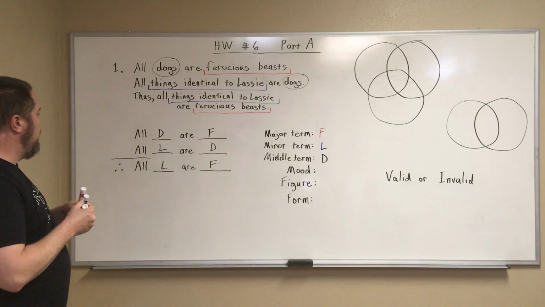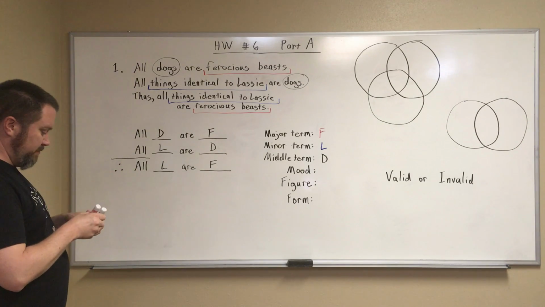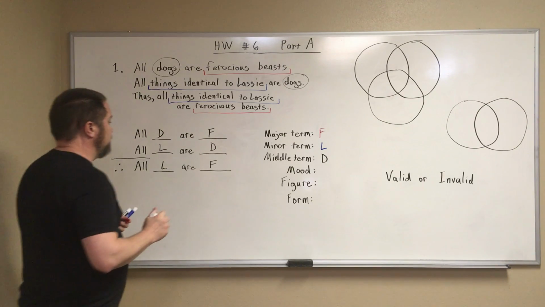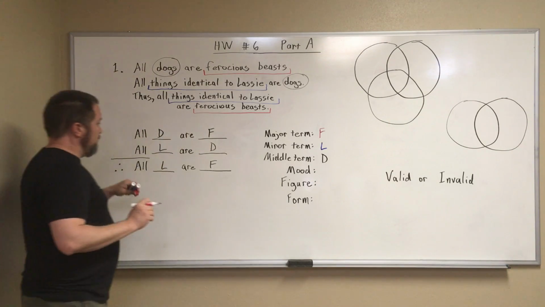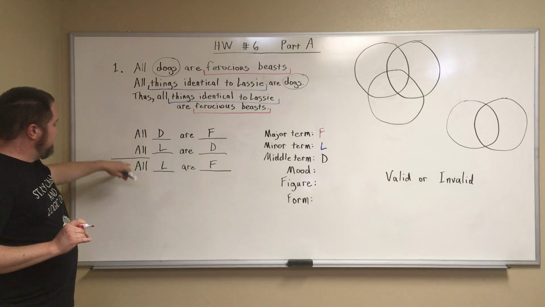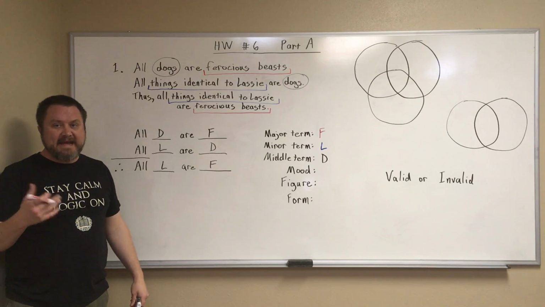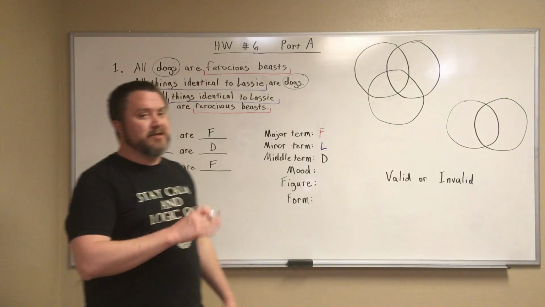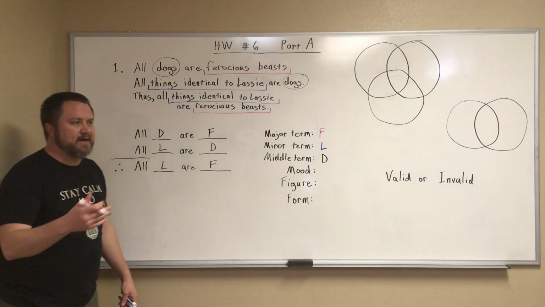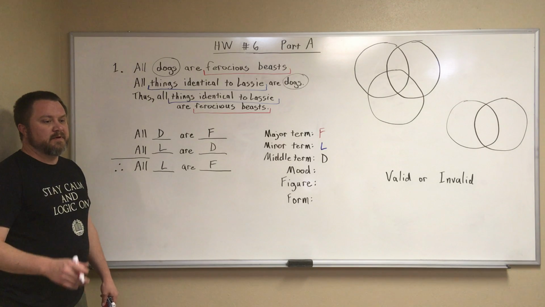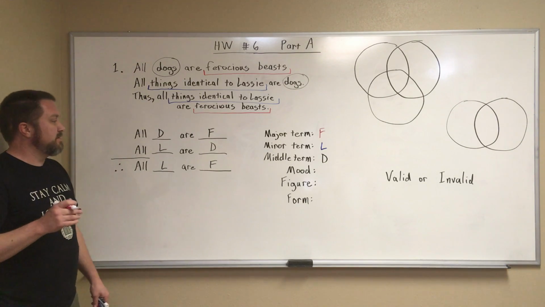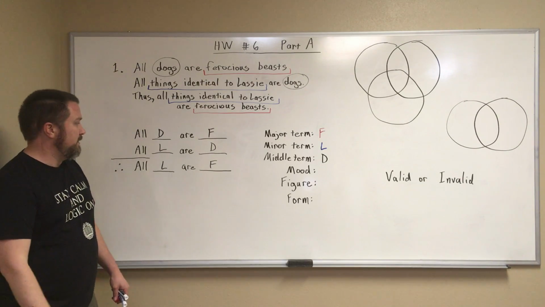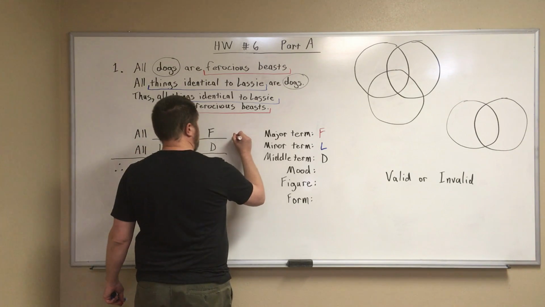So let's establish the mood. So first, what we have to do for the mood is look at these three statements, and these are the A, E, I, O. So A is all S are P, E is no S are P. The I is some S are P, the O would be some S are not P. So let's just identify each of those.